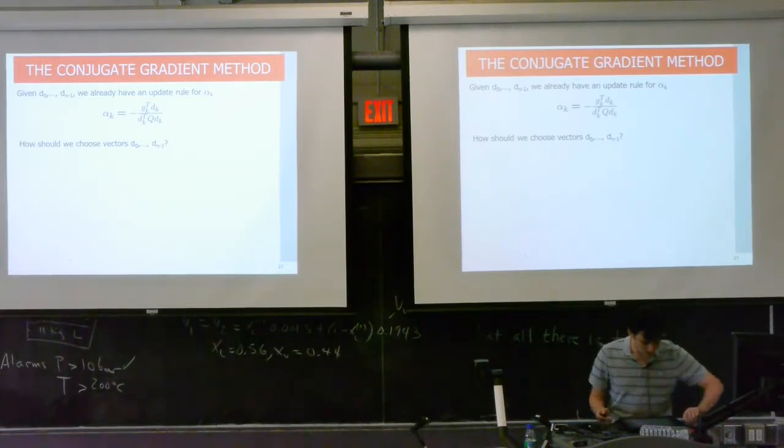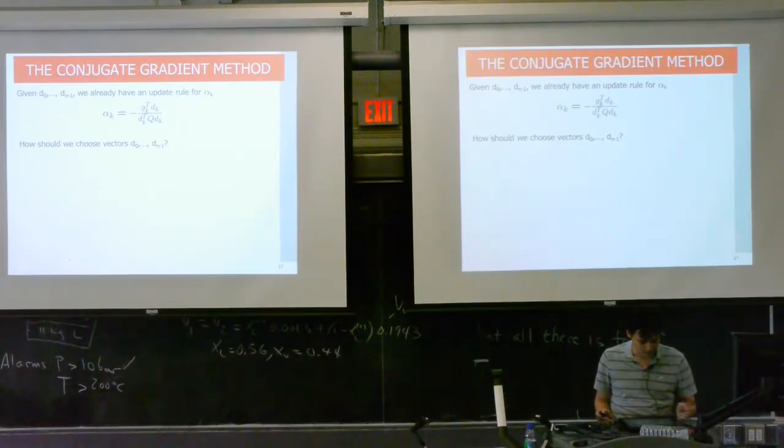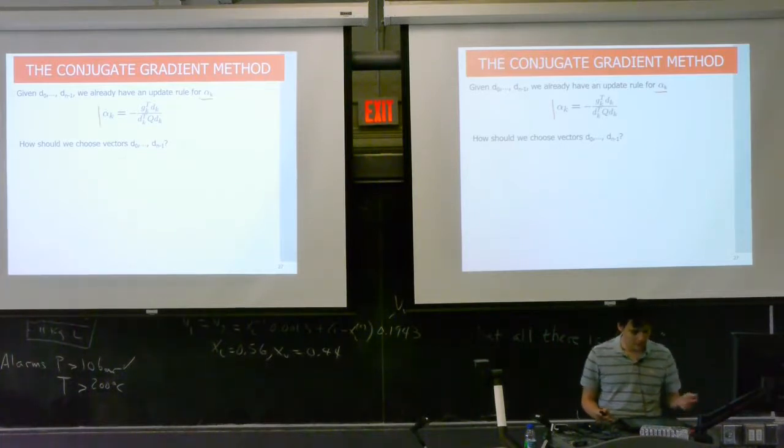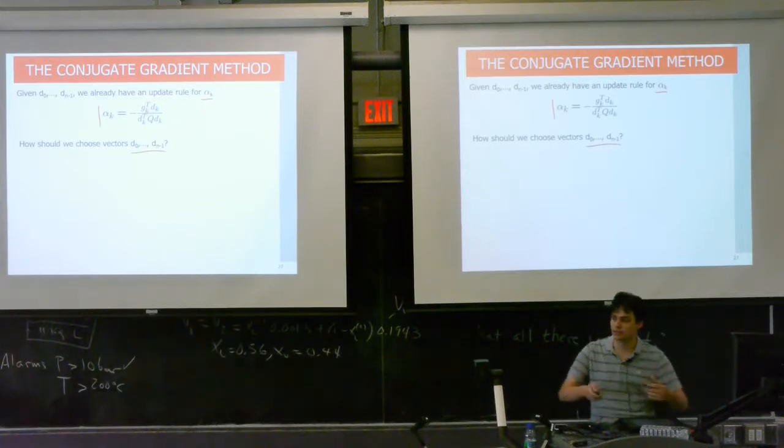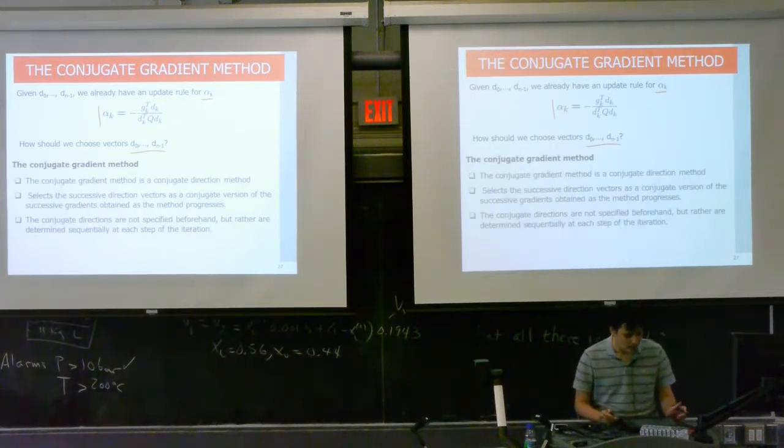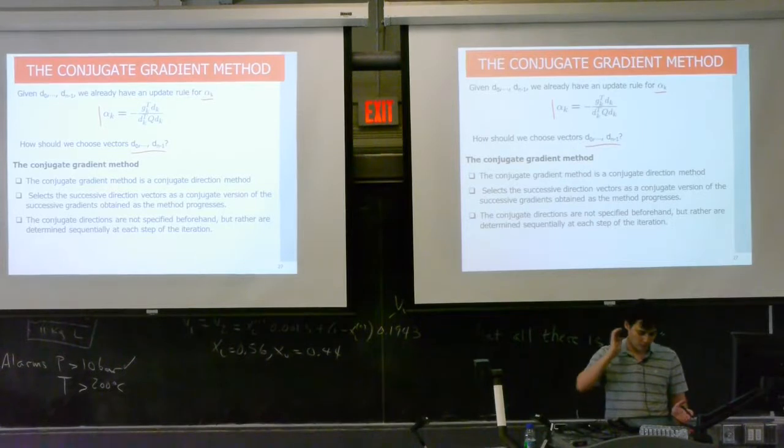Okay, so given d naught to dn minus 1, q conjugate directions, we already have an update rule for alpha k. Right? The question is, how should we choose vectors d naught to dn minus 1 that are q conjugate? And we will use the conjugate gradient methods for this.